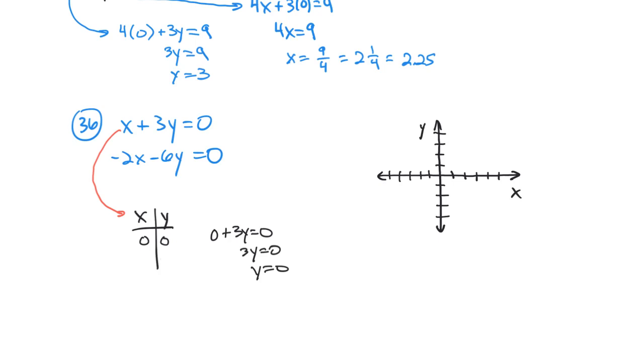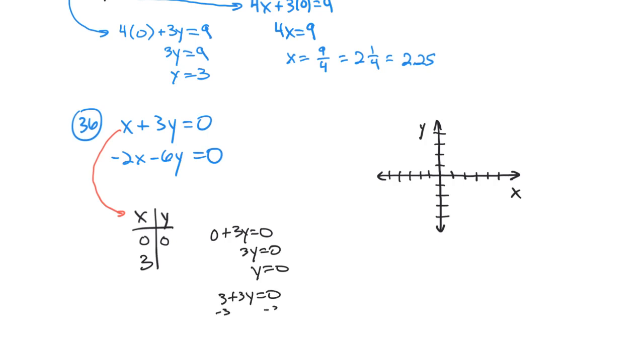So let's pick a different point here. I'm just going to pick an easy point. I'm going to let x be 3, because then this will work out nicely. But you can really let x be anything at all. So if I let x be 3, I get 3 plus 3y equals 0.